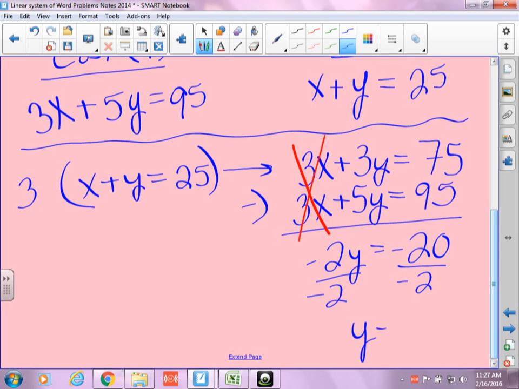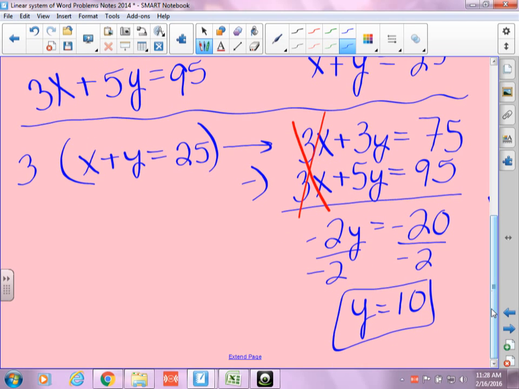And then y gives me 10. Would I have a negative number there? Why not? Negative divided by a negative is positive. That's correct. If I got a negative number, I know I messed up because it's the number of cards, correct? So am I done? No. Why? It's by x. I need to find x. So I'm going to grab one of the equations. It doesn't matter which.